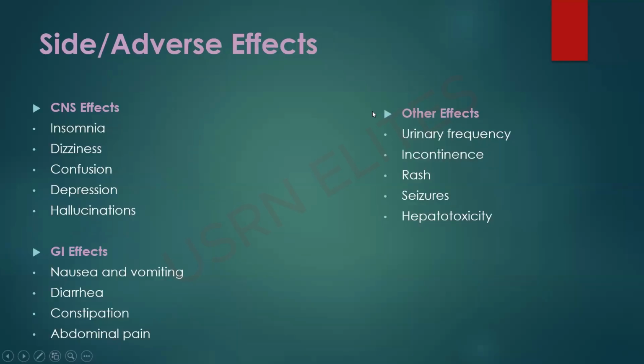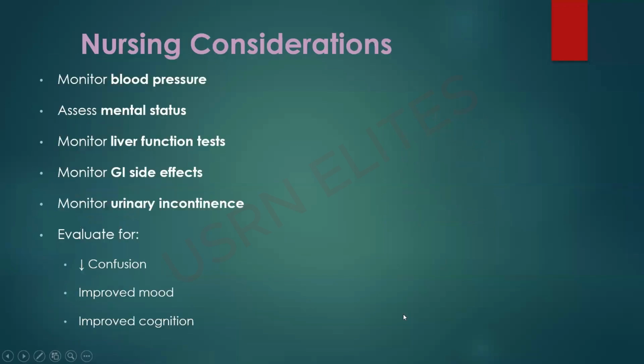So now let's look at this. I hope you've seen this: rash, seizures, and all of that. Now let's look at nursing considerations. When you are giving this medication, you have to monitor the patient's blood pressure, because it sometimes causes hypertension.